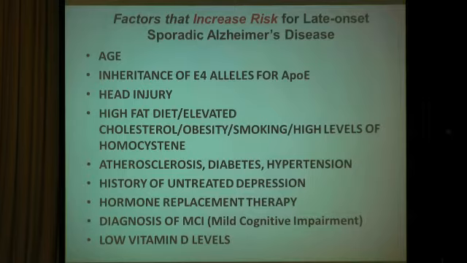A lot of these factors were in fact discovered through a very famous study called the Nun study. So we had these women in convents who were living to be like 104 and 106. They were sharp as tacks. Okay, they were learning foreign language. They were learning Russian at the age of 104, and they could argue politics with the best of them.